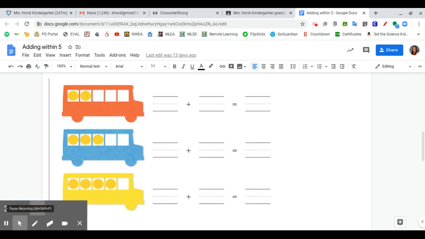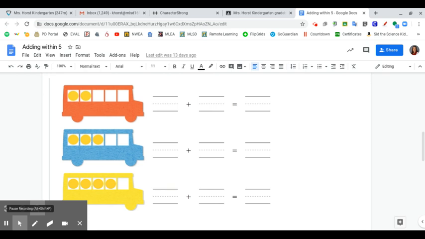These are our next problems that we are going to do. I would like you to continue to use your two-sided counters and your whiteboard to make these equations. The red school bus. There are two girls on the bus and three boys got on the bus.